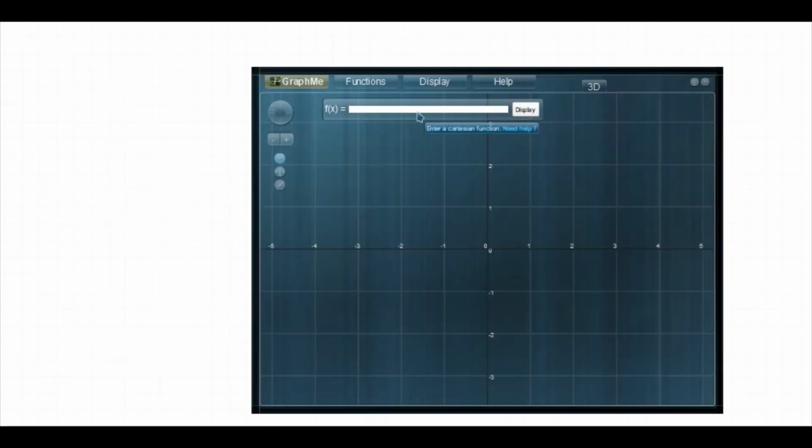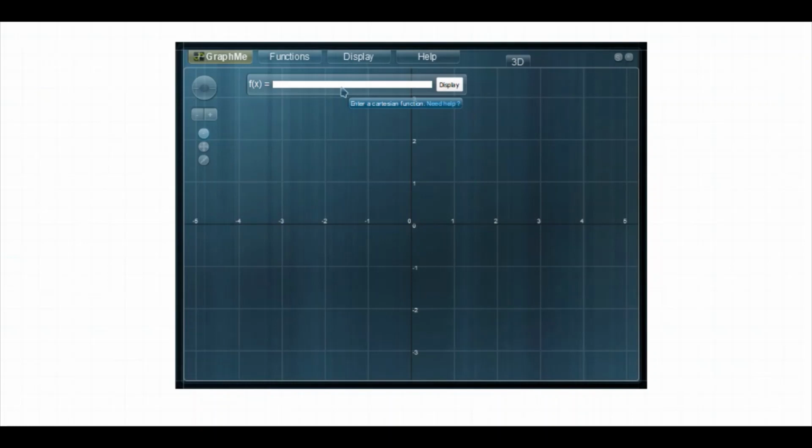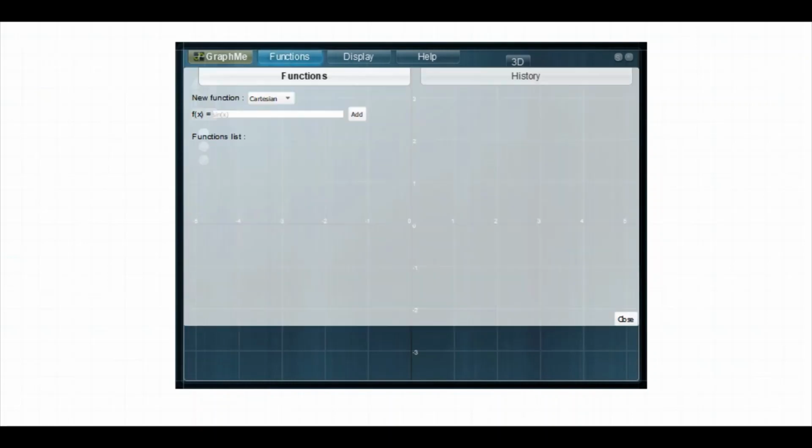I will plot a hyperbola for you. The equation was x square by 2 minus y square by 2 equal to 1.